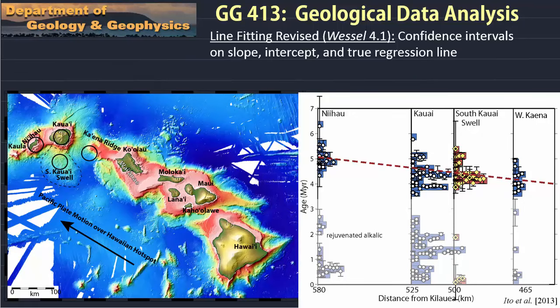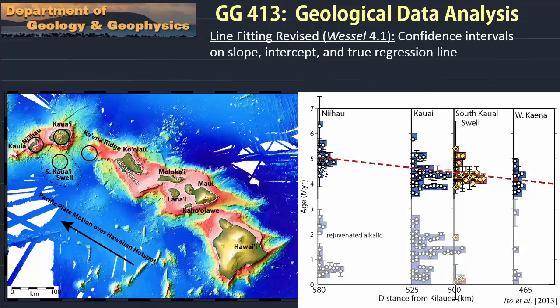So as you well know, the Hawaiian island chain is formed by a hotspot centered beneath Kilauea, and the volcanoes form as they sit on the Pacific plate as it moves away from the hotspot. And this, of course, gives rise to volcanoes that are progressively older as you move back along the chain.